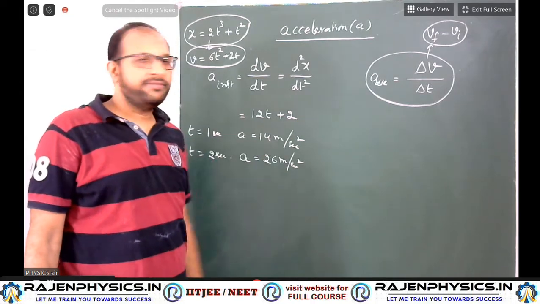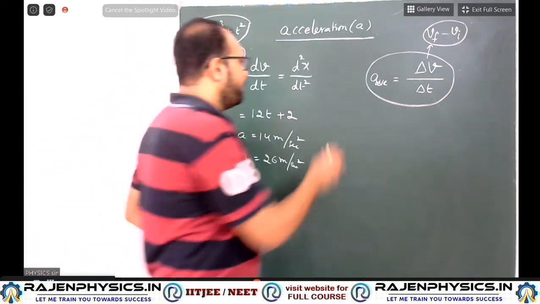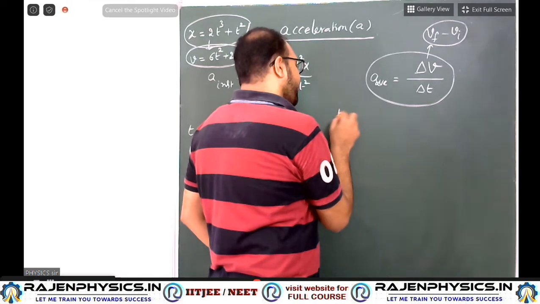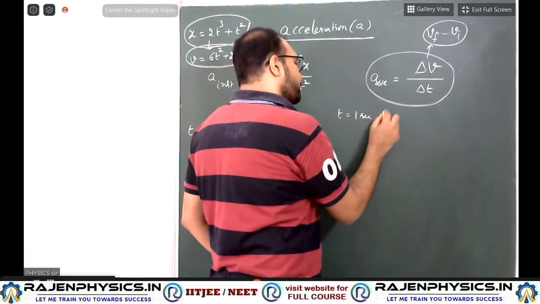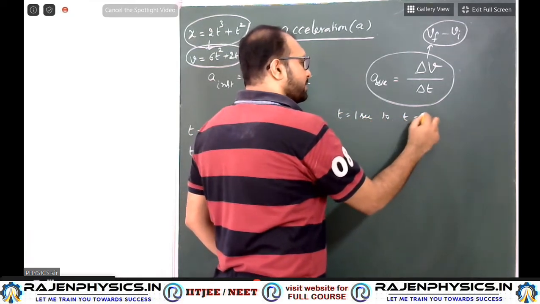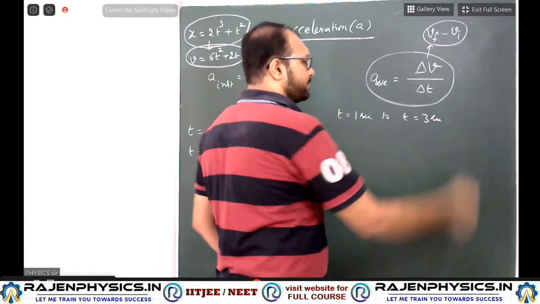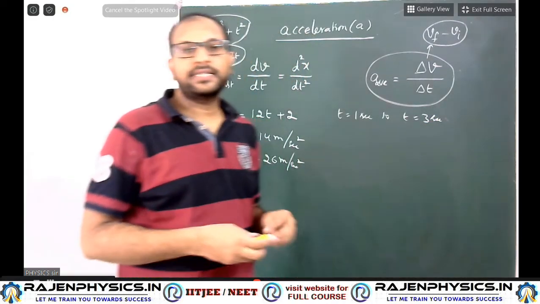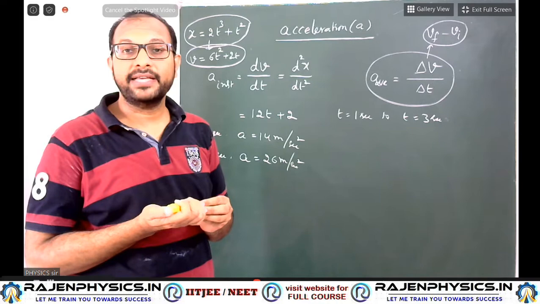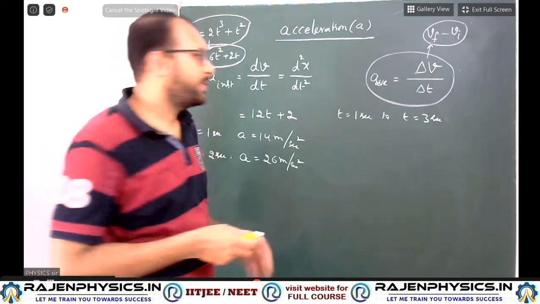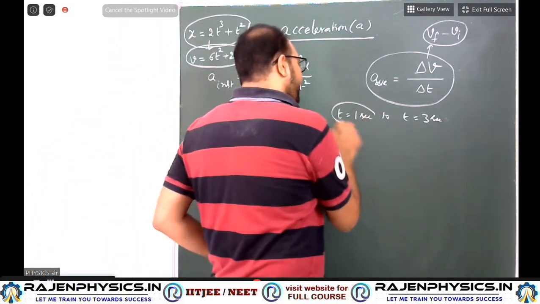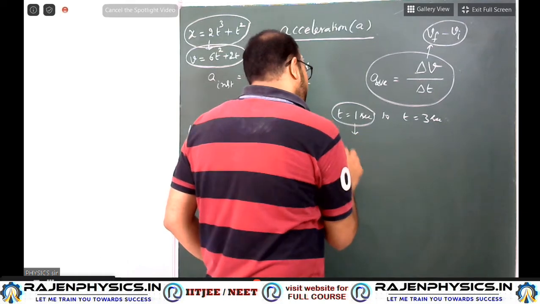Now come to average acceleration also. For example, in the time interval 1 second to 3 seconds, average acceleration will come. Tell me, at t equal to 1 second, what is velocity?